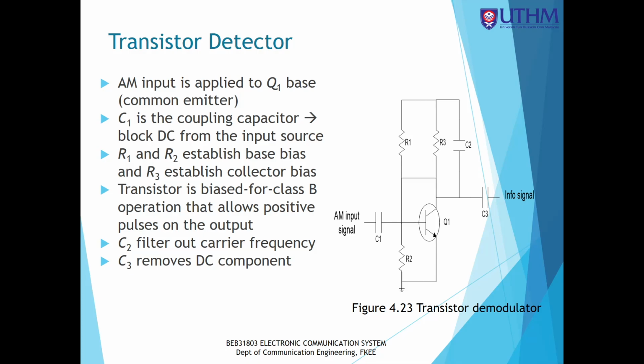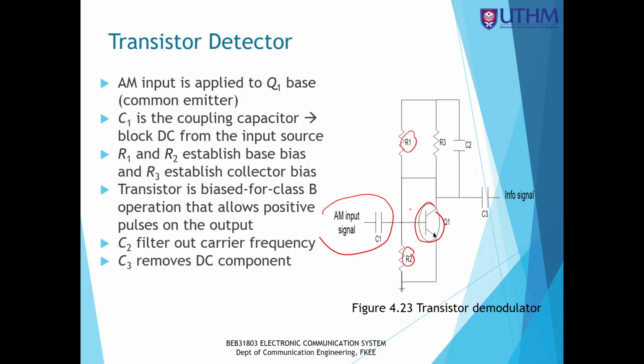And then the next type of demodulator circuit is the transistor detector, or transistor demodulator. The concept is similar to the diode detector. Here we have a transistor and the input is over here. This input signal is controlled by R2 and R1, and it goes to the base of the transistor.